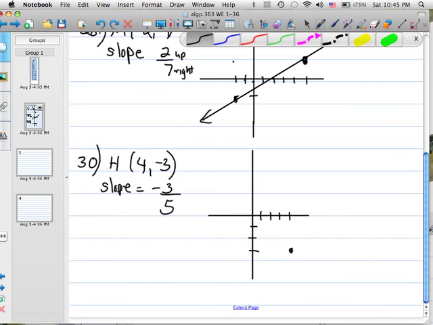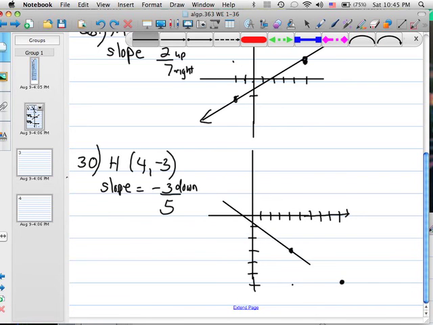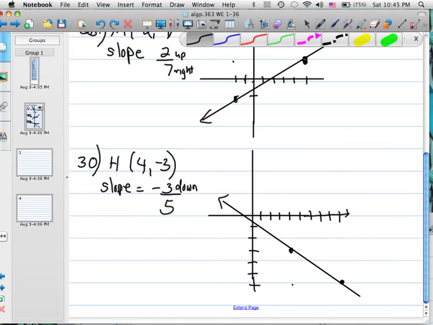Slope says negative 3/5, so from this point we're going to go down 3, 1, 2, 3 down, and then 5 to the right, 1, 2, 3, 4, 5. And then connect those 2 points with a line. And it's the negative slope, so it's going down.